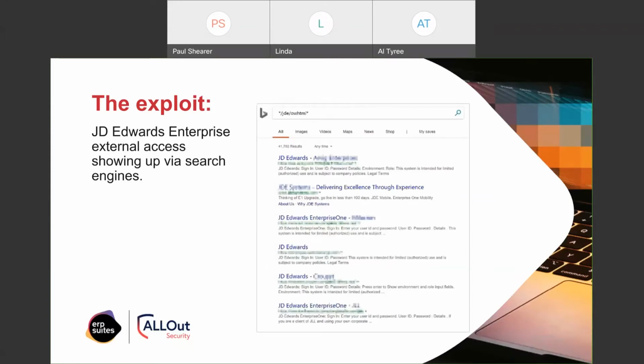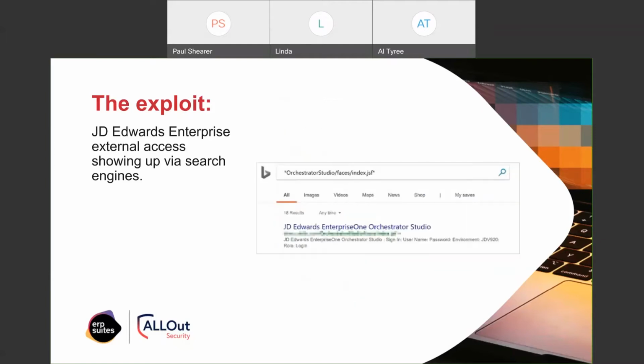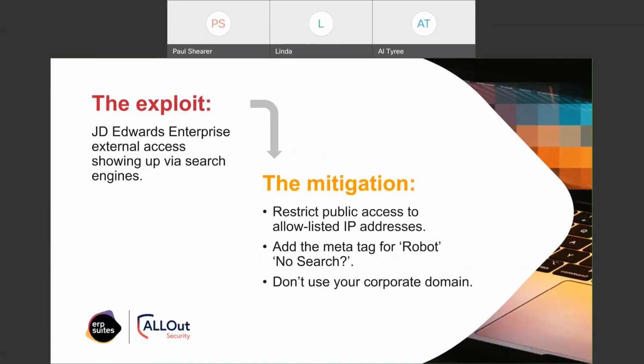So another common snippet of the URL is /JDE/OWHTML. You'll get a bunch of hits off of that, or even going after Orchestrator itself. So what do we suggest to protect and mitigate against this?